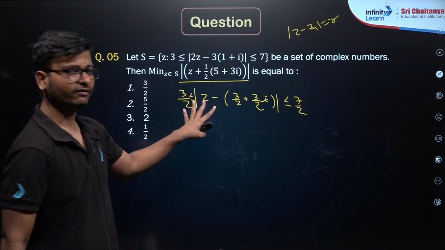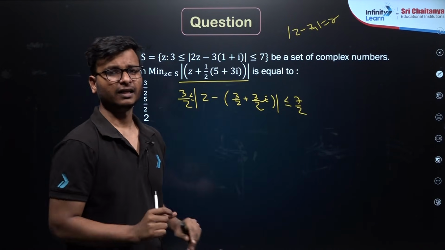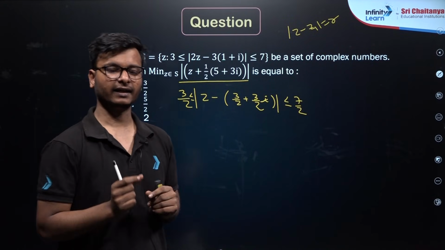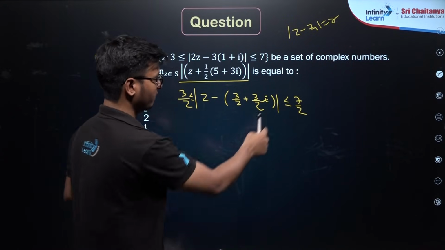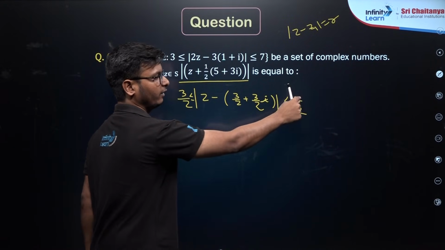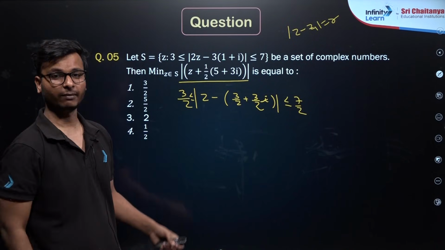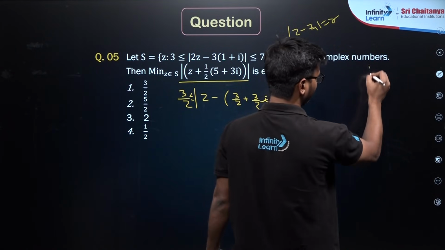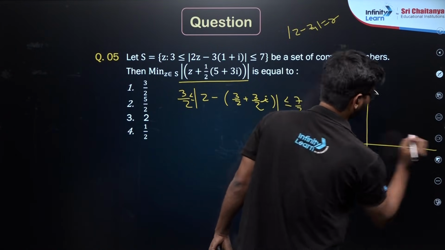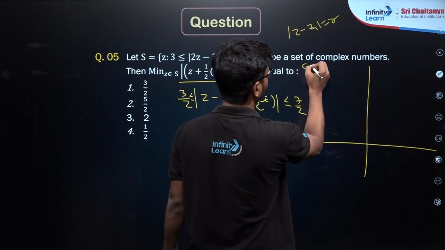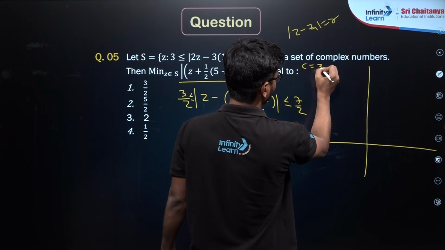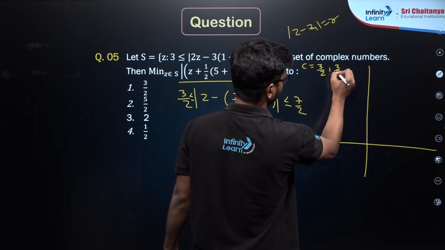Now we know the equation of a circle is nothing but |z - z1| equals r. Okay. So on this basis, I can draw the circle. But here we are going to get a ring structure. Why? Because we are having the greater is 7 by 2 and here the lowest part is 3 by 2. If we draw the graph, the center of the circle we are getting as 3 by 2 comma 3 by 2.